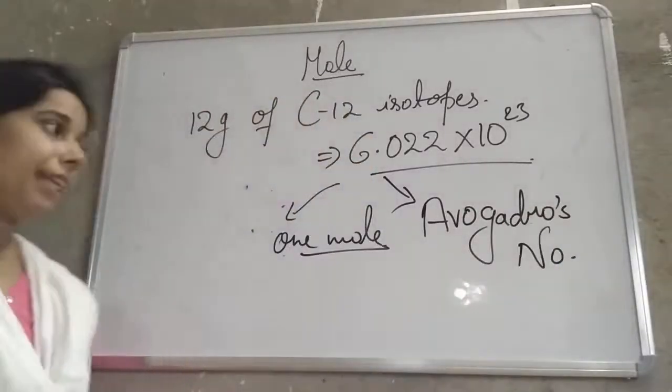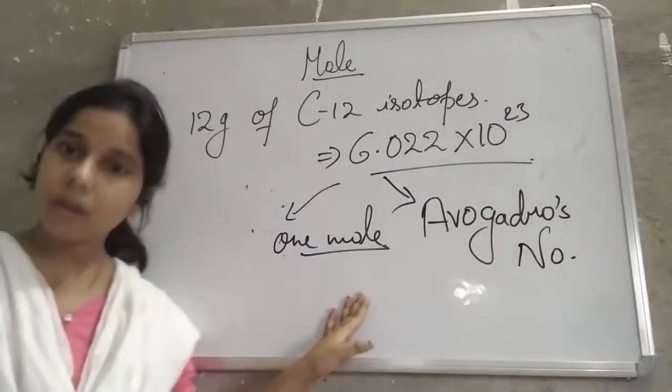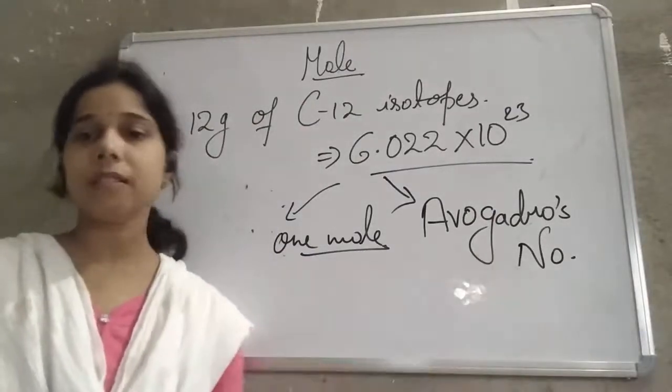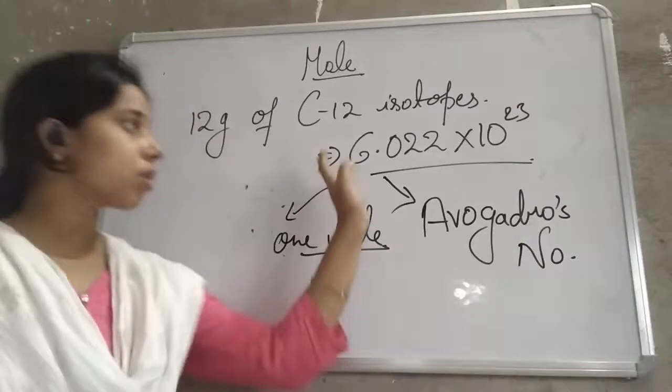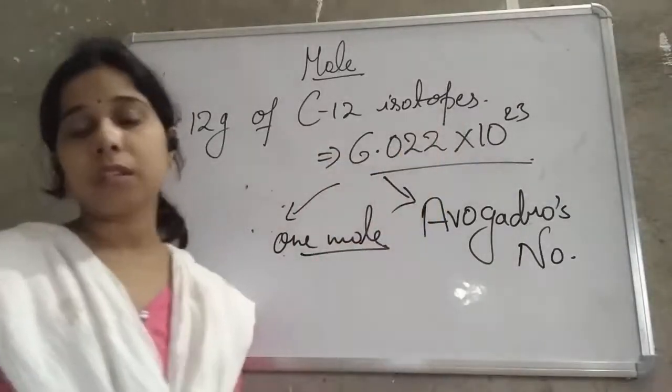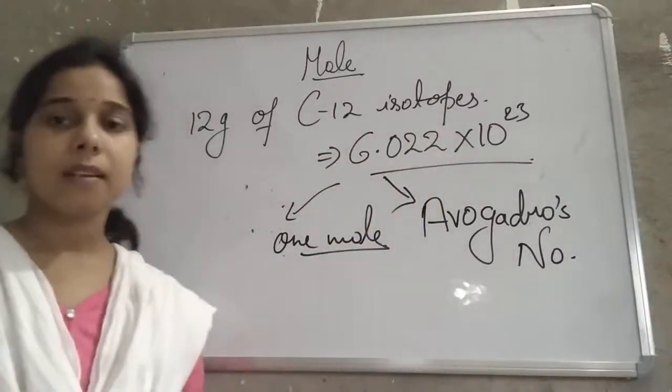So either you say 1 mole or you use the term Avogadro's number; 6.022 × 10^23 represents Avogadro's number.